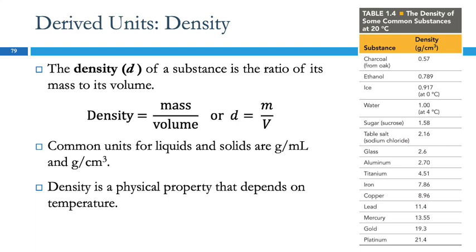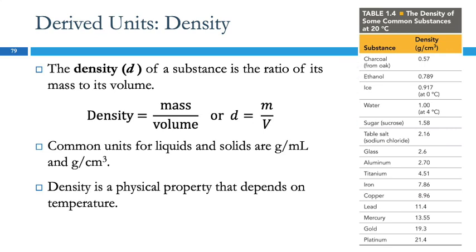For things like gases, the volume changes a lot with temperature. For liquids and solids, the change is much smaller. But this is why anytime you look up densities, they're going to tell you a temperature. So here, these are densities at 20 degrees Celsius. The densities are going to be slightly different at other temperatures. You do not need to memorize these densities.